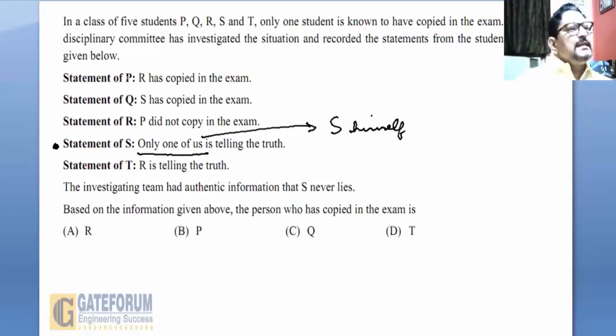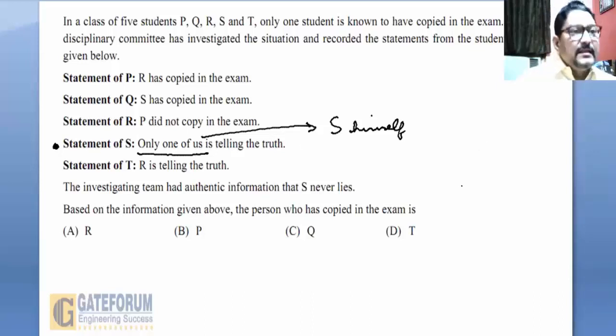Now P is telling a lie. P says R has copied in the exam, so R hasn't copied in the exam, right? Q is telling a lie. Q says S has copied in the exam, so we know for sure that S hasn't copied in the exam. R is telling a lie that P did not copy in the exam. So then what is the truth?